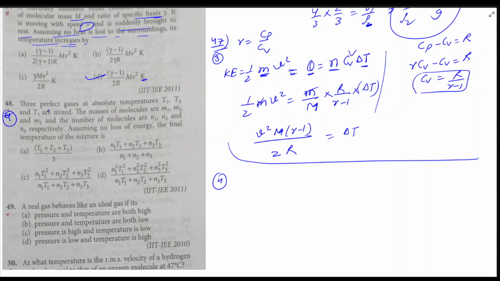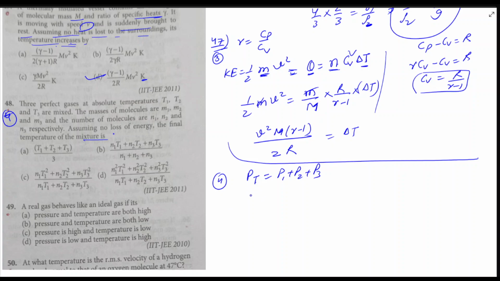We have three perfect gases at temperatures T1, T2, and T3 mixed, with molecular masses M1, M2, M3 and numbers of molecules N1, N2, N3, assuming no heat loss. We need the final temperature of the mixture. This question is based on partial pressure. The pressure of the container will be P1 plus P2 plus P3.